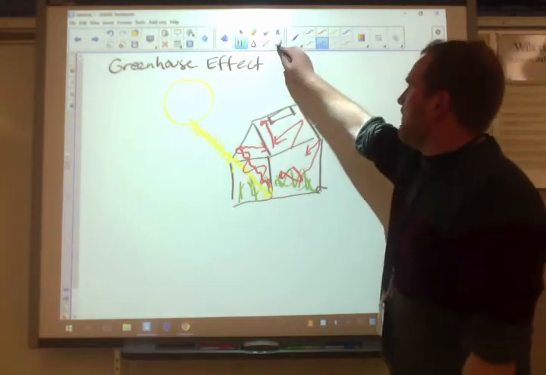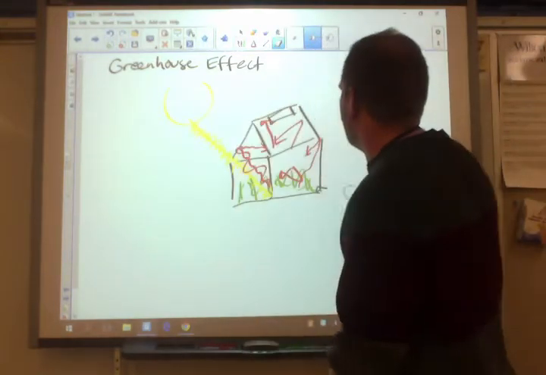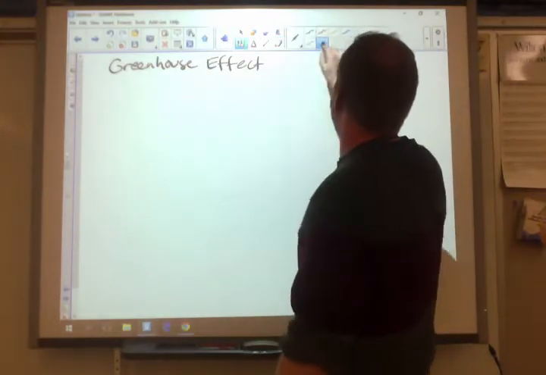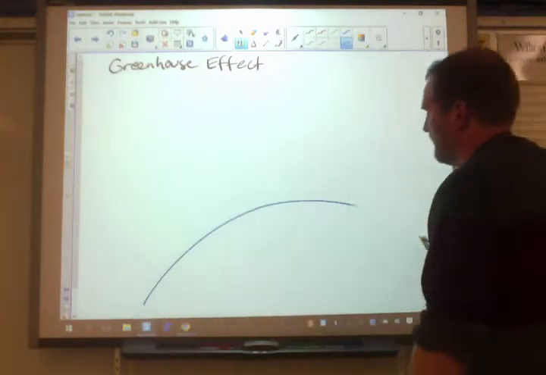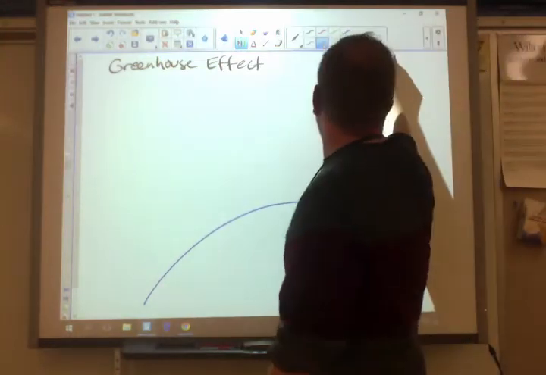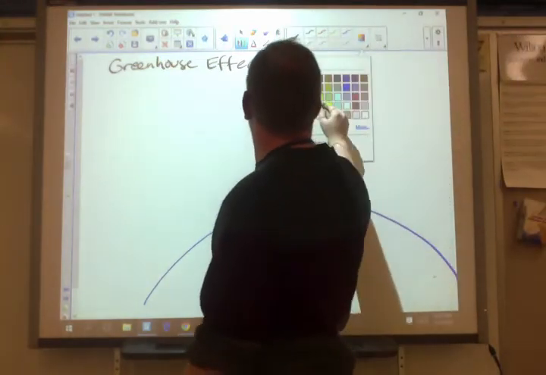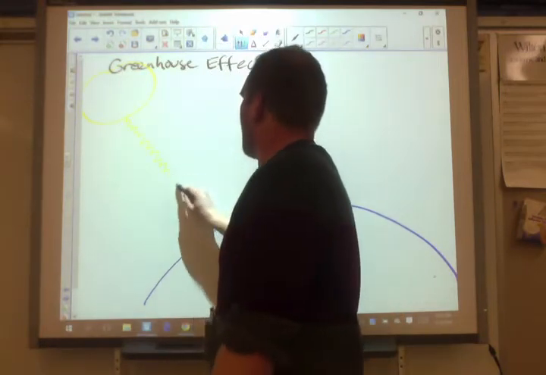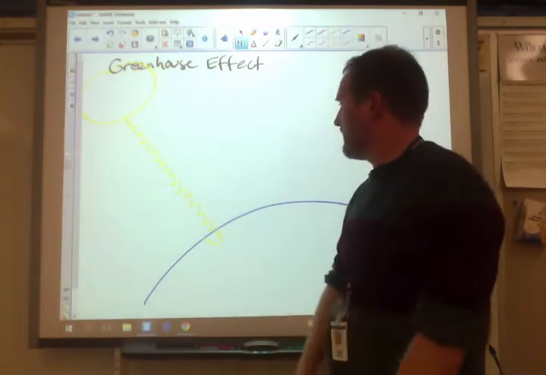Now the same thing happens, but instead of a greenhouse, it's the earth. So imagine here's Earth's surface. Okay, here's the sun, and it's shining very high energy sunlight down on Earth.